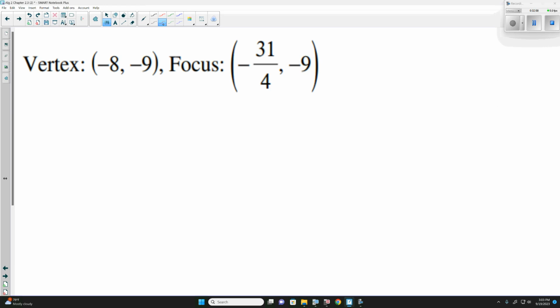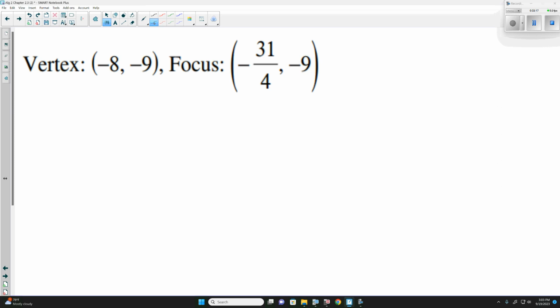Problems 1 through 4 we haven't covered yet. We'll be covering those tomorrow. But 5 through 8 are the ones we've been doing.